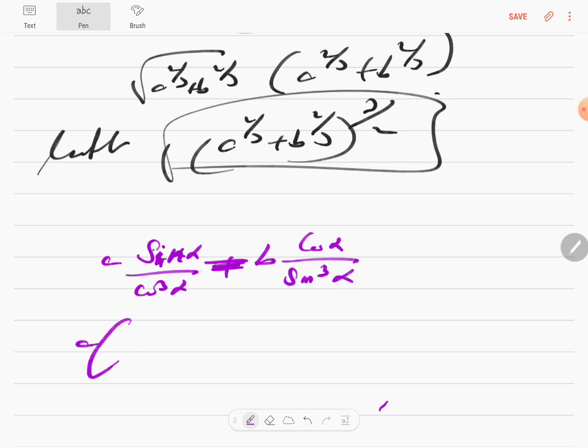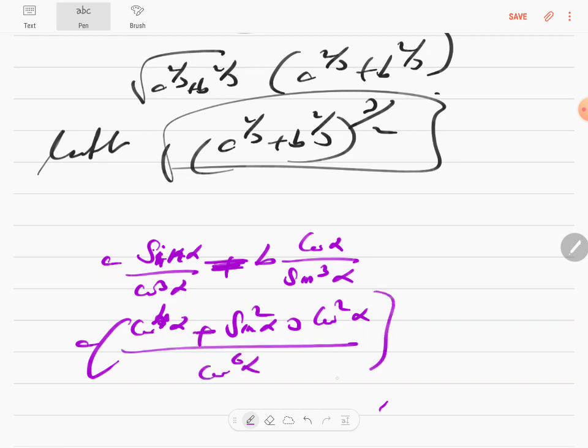A into, I'm going to do it as u by v: cos cube alpha into sin alpha's differentiation is cos alpha, so cos to the power 4, minus, write the numerator as it is, and the denominator's differentiation is 3 cos square alpha minus sin alpha, so plus sin square alpha by cos to the power 6 alpha.